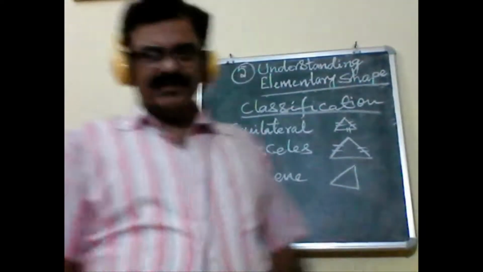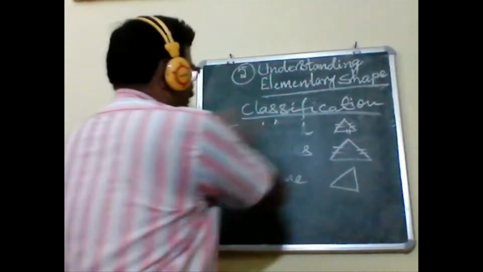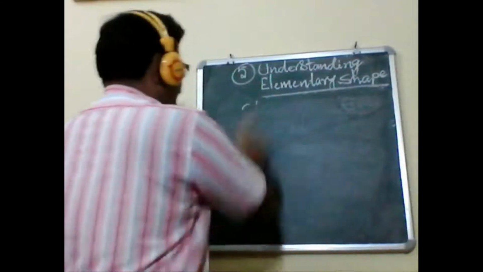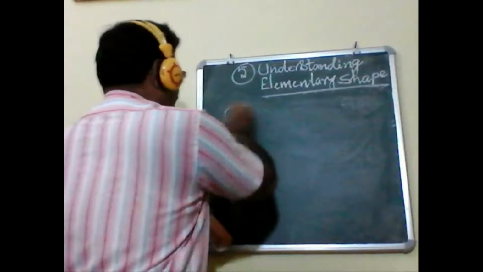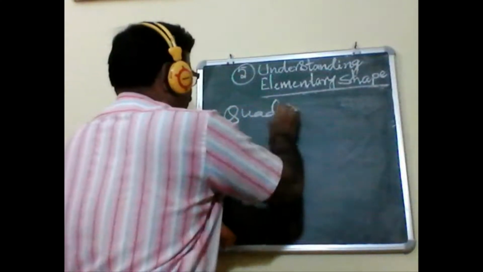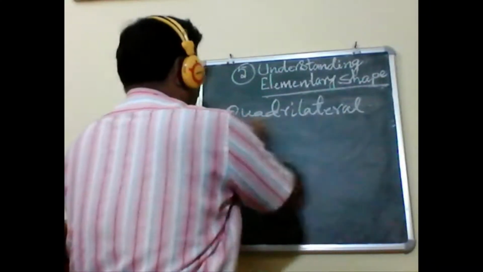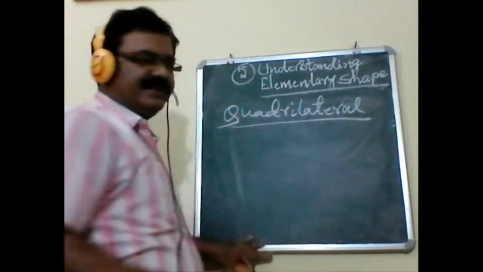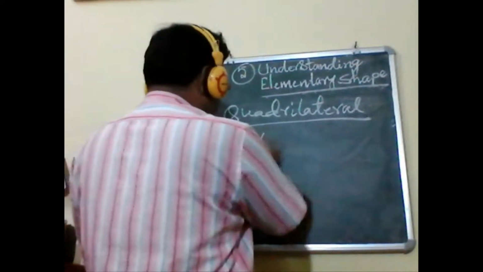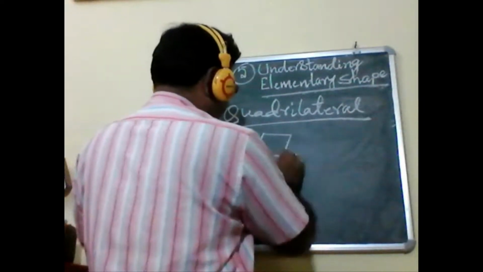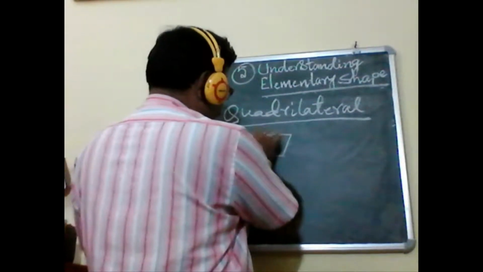Now think about quadrilaterals. A quadrilateral has 4 sides, and in any figure you draw, it has 4 sides.